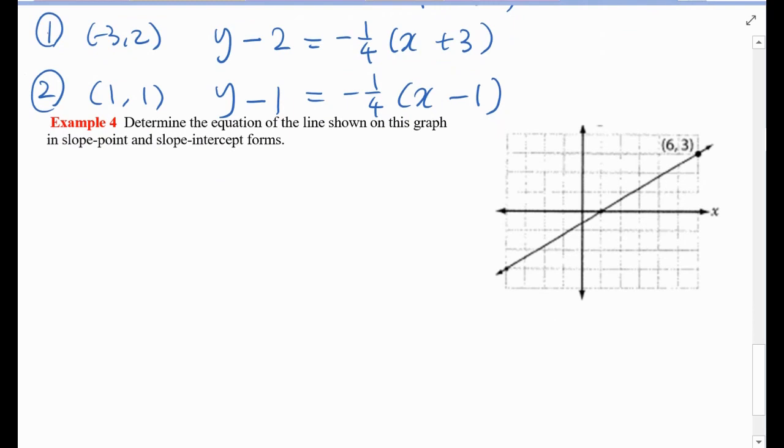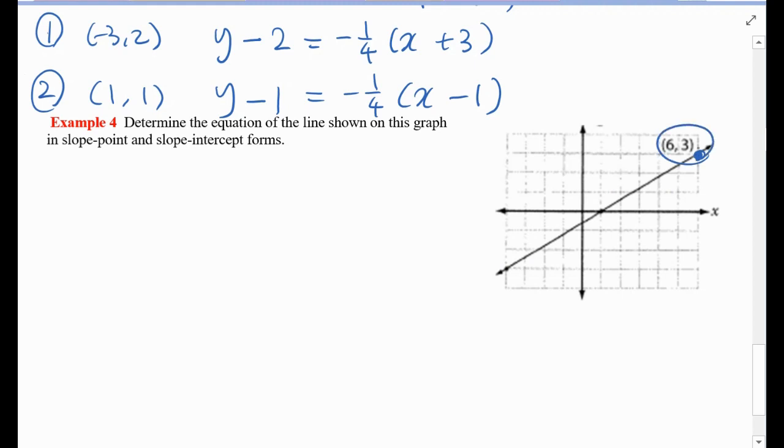Example 4. Determine the equation of the line shown on this graph in slope point and slope intercept form. Okay, so to find slope point form, we need the point and the slope. We can just choose one of the points on the graph, but the point is already given.